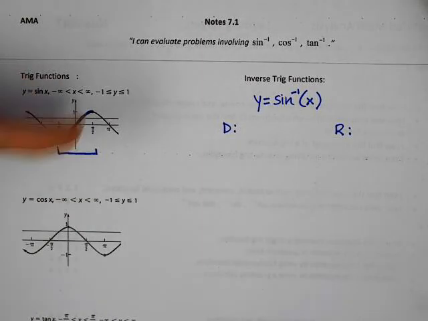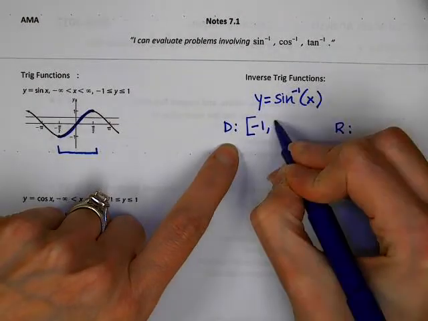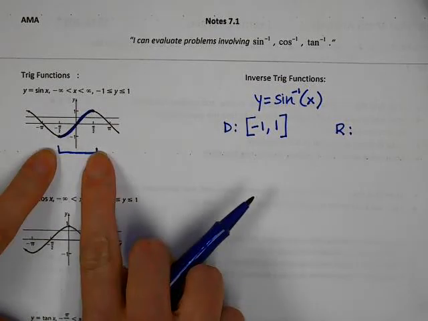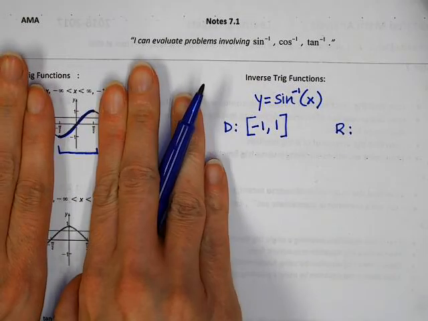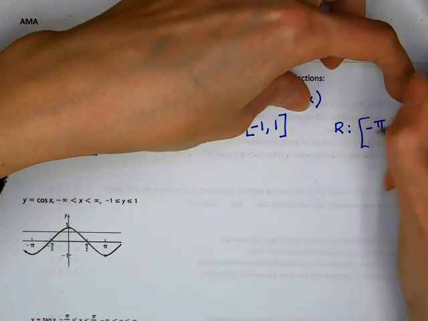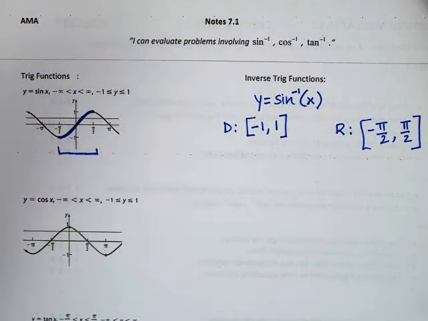Notice that the range of sine goes from -1 to 1, so that's going to be the domain of inverse sine. And the domain of our restricted sine is negative to positive pi over 2, so that's now going to be our range, negative to positive pi over 2. Okay, so they just swap.